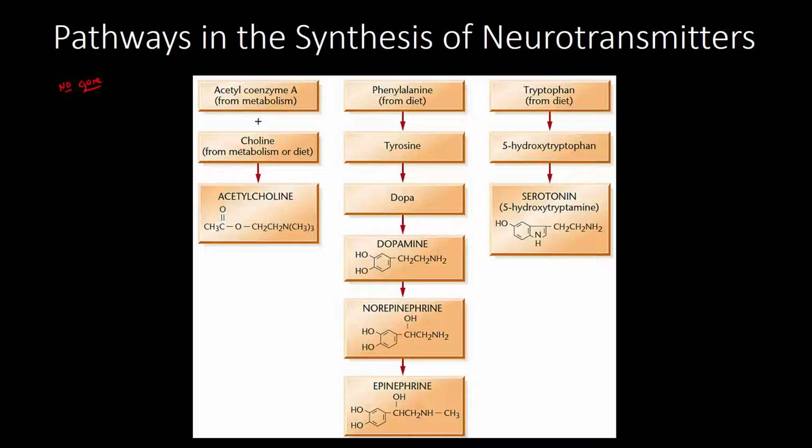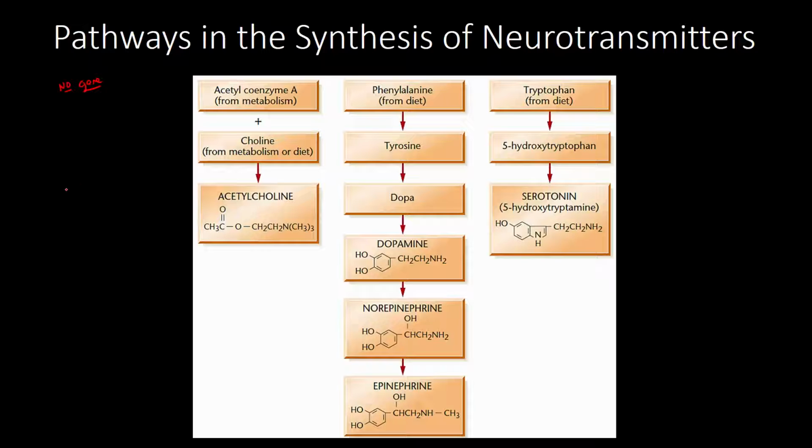These are chemicals your body makes through metabolism or that you get in your diet. Those two are going to combine together to form acetylcholine. Now that doesn't just happen. If I take a dish of acetyl-CoA and a dish of choline and mix them together, I don't get acetylcholine. That's not a chemical reaction that normally occurs.